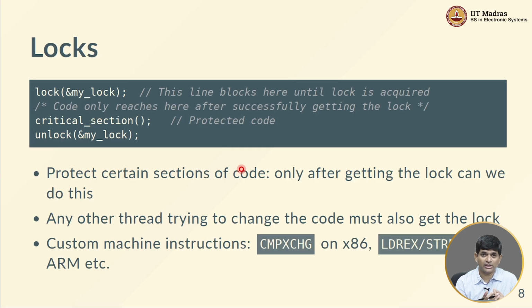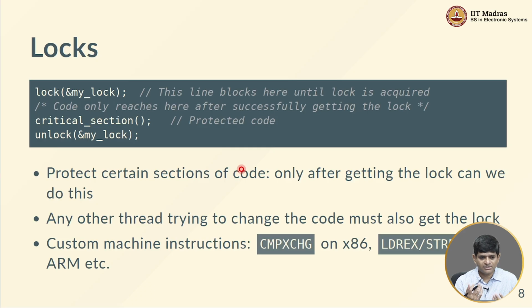It could be one particular value which is written in memory. I already gave the example of an atomic operation. I don't want one processor to read a value while the other processor comes and modifies it, right? And this kind of thing can happen in multiple different contexts. So what we do is we implement something called a lock.